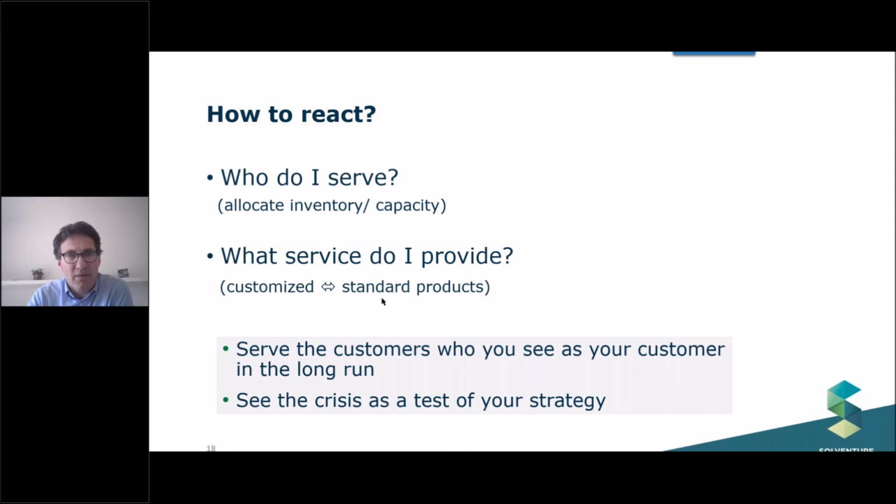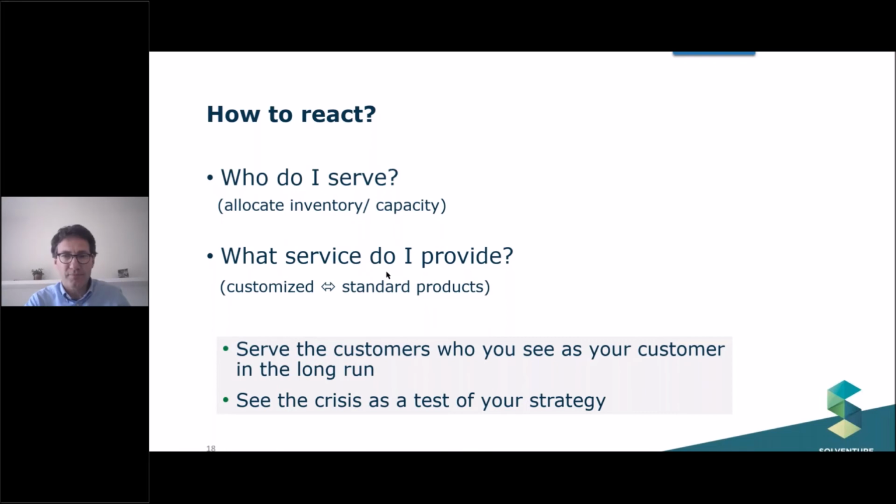And indeed, you can question what service do I provide, or customers might be happy that they still have a product, even if it's not the typical one they have, it's a standard product. Maybe they normally have customized, but maybe they prefer it that way rather than not having any delivery at all.